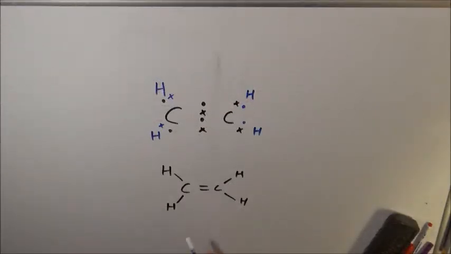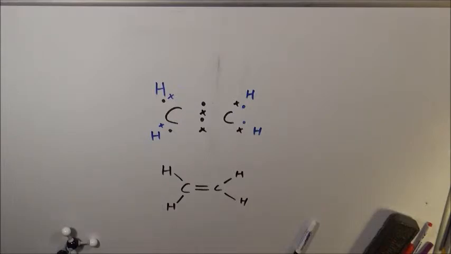In ethene, you have a double bond between 2 carbon atoms, and again we have to treat the double bond electrons as a single region of electron density because they cannot get away from each other. Now you can consider the shape around either of these carbons.